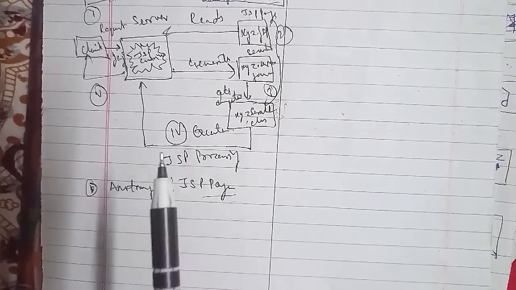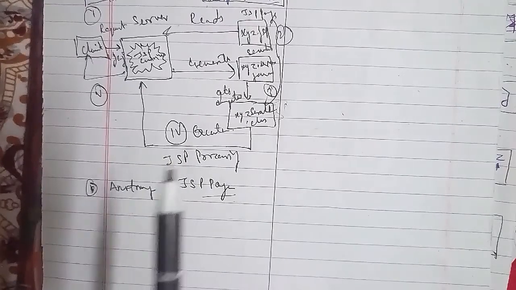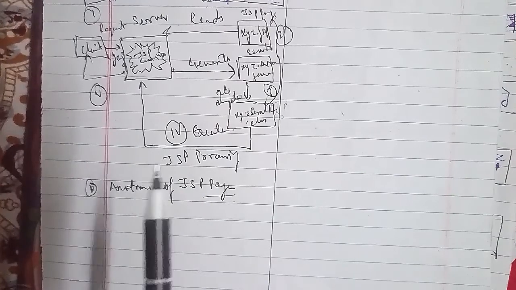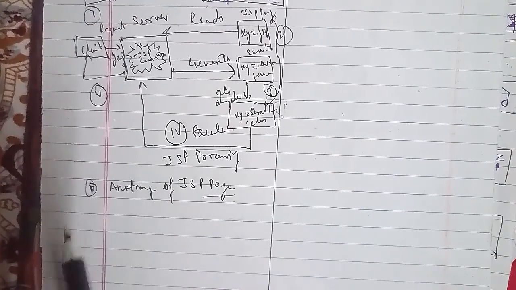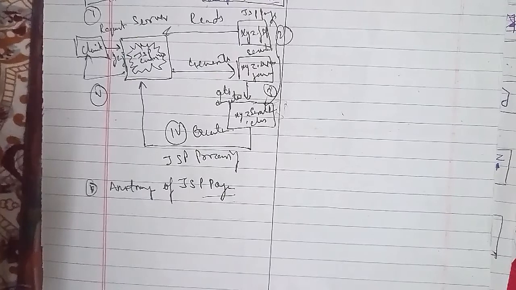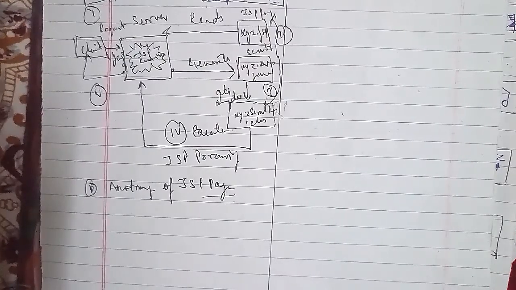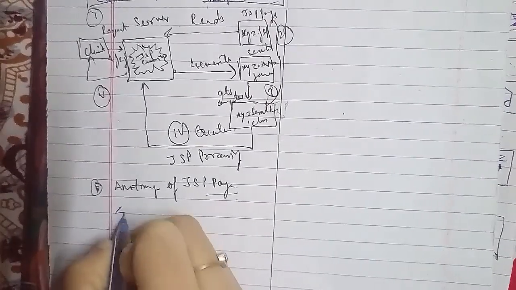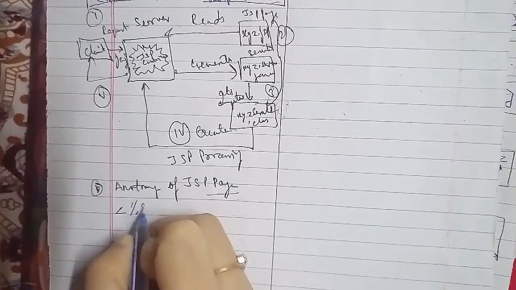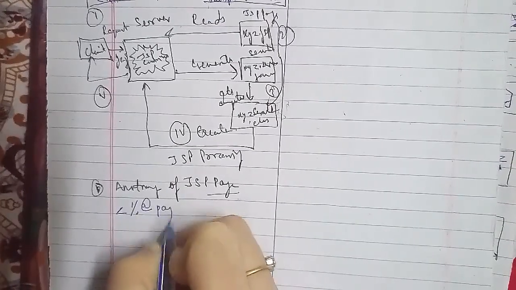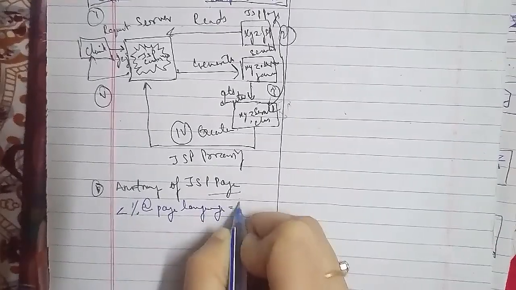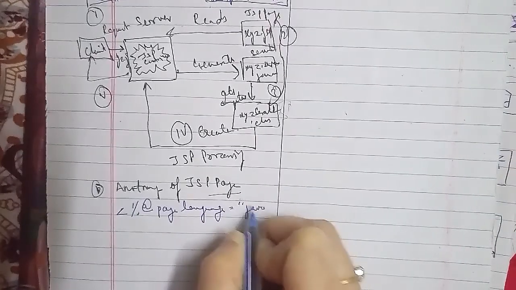page language equals, content type text slash HTML. That is your JSP element.